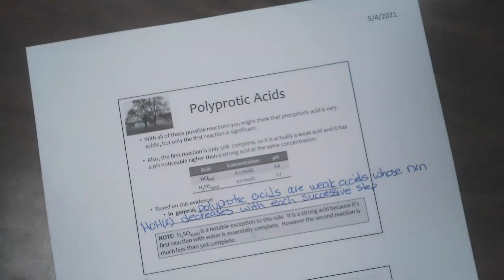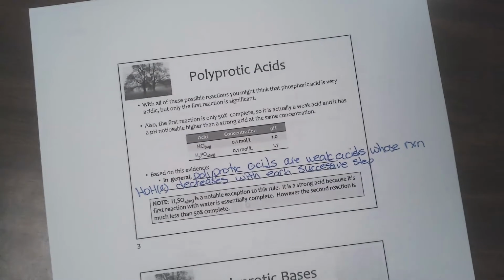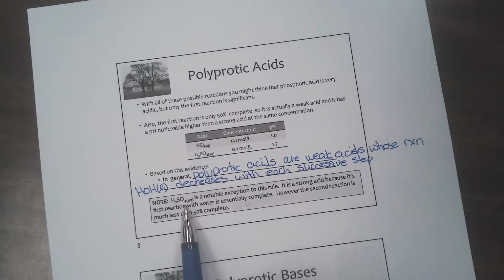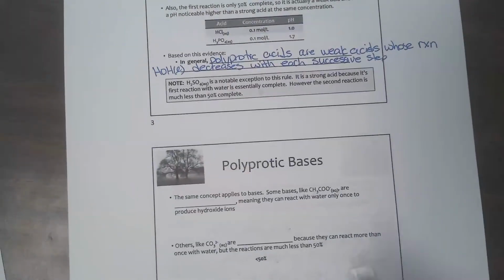So if we look at phosphoric acid, we go H3PO4 to H2PO4 minus, H2PO4 minus to HPO4 2 minus, HPO4 2 minus to PO4 3 minus. So those are what we call successive steps. Sulfuric acid, remember, just like the English language, there's always an exception to the rule. Sulfuric acid is a strong acid because its first reaction with water goes to completion. So it's the exception to the rule.